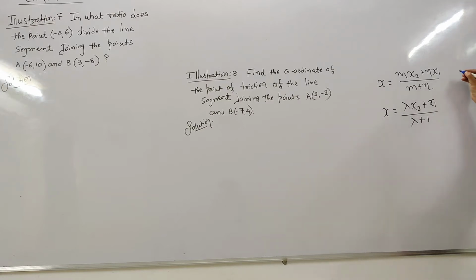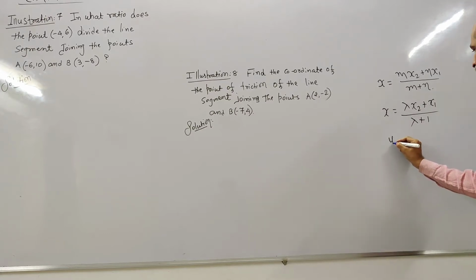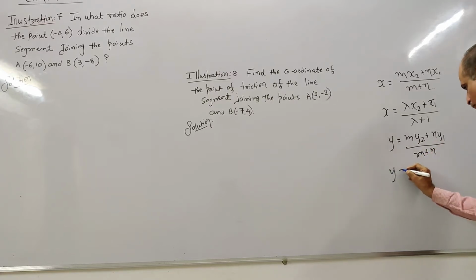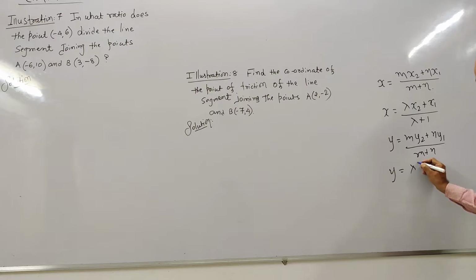Similarly, you can write the y coordinate. So y is equal to (my2 + ny1) upon (m + n), or y is equal to (lambda y2 + y1) upon (lambda + 1).